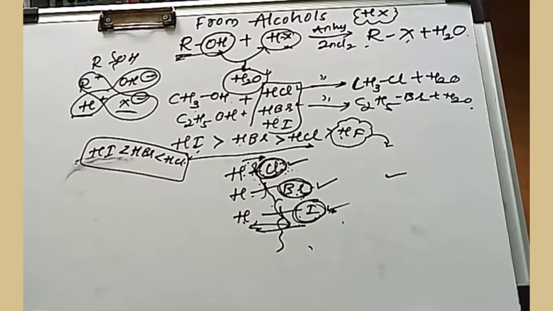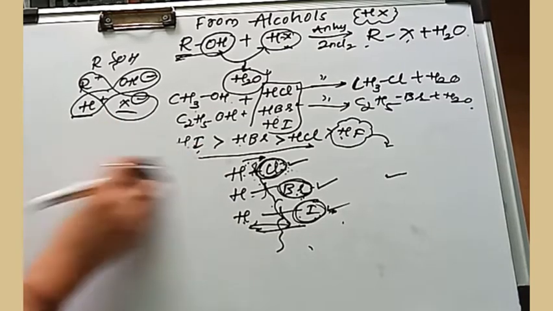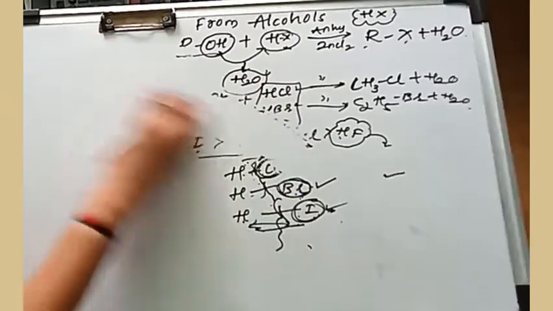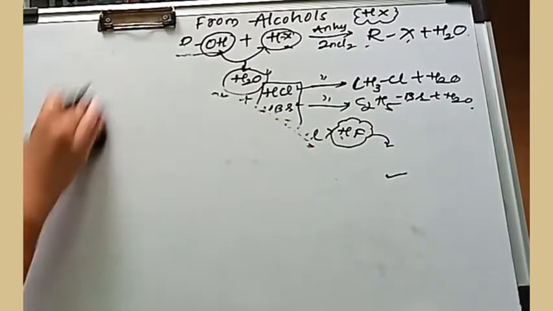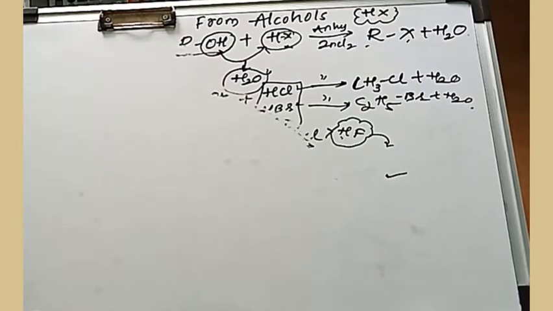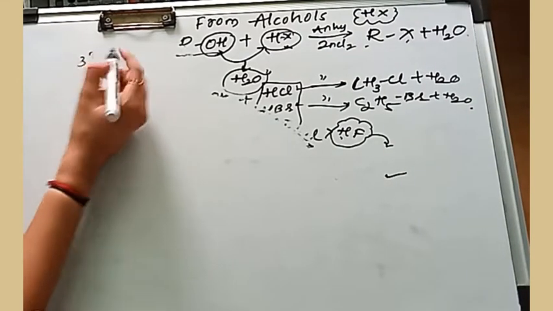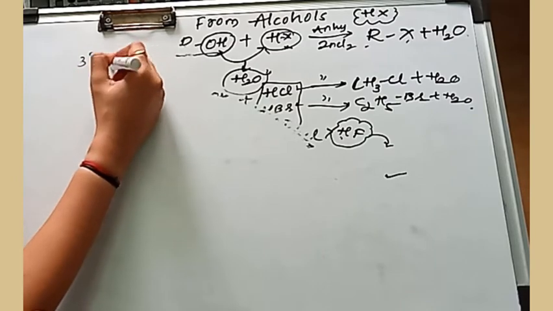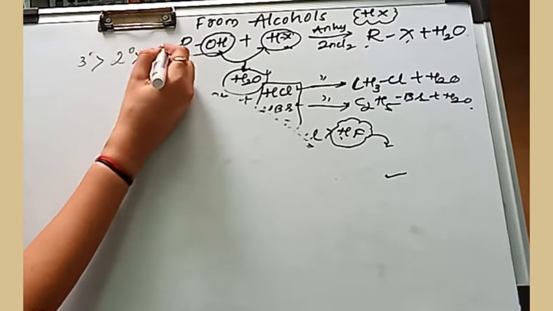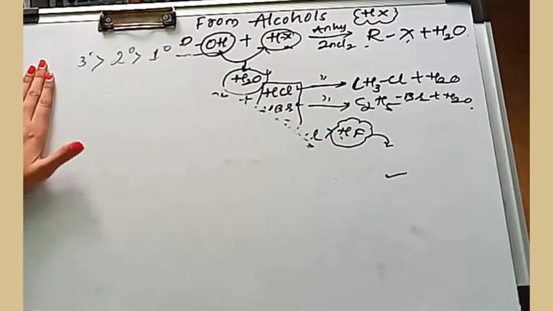The next thing that you are going to remember is that I can use different kinds of alcohols as well. I can use a primary alcohol, a secondary alcohol, or a tertiary alcohol. What is the reactivity order for these three types of alcohol? Tertiary is more reactive than secondary and then primary. What is the reason?